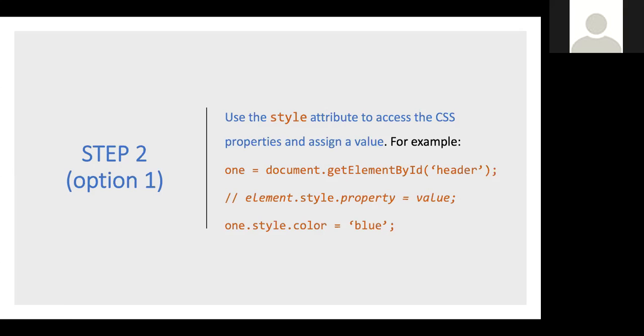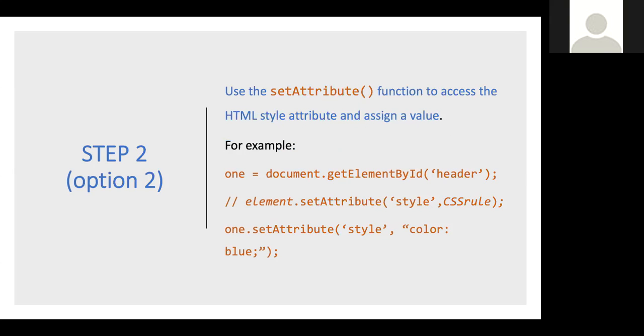We are targeting the element by ID, so header is the ID of an HTML element in the page. And then in the last row, we are calling the style attribute, and we are modifying the color property by giving the value blue. So this is one option.